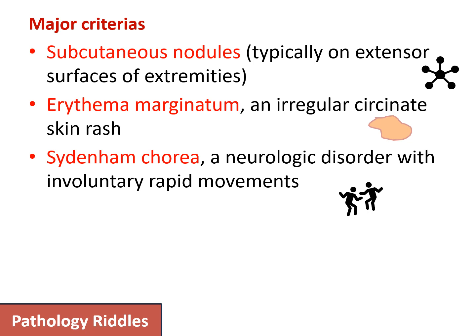Subcutaneous nodules. These are the nodules which are present on the extensor surface of the extremities. Then there will be erythema marginatum. These are skin rashes basically. And then Sydenham chorea, which is rapid involuntary movements. It is a neurological disorder.